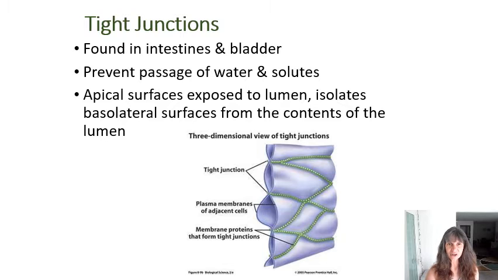And tight junctions are found in the epithelial lining of the intestines as well as the urinary bladder. They're also found in capillaries, which are the smallest blood vessels in the body. In fact, the tight junctions in the capillaries that go through the brain help form part of the blood-brain barrier. And these tight junctions, knitting the two membranes of these adjacent cells together, help to prevent the passage of water and solutes between the cells.